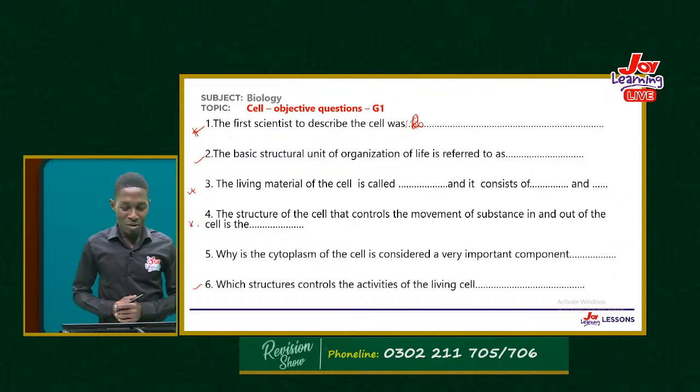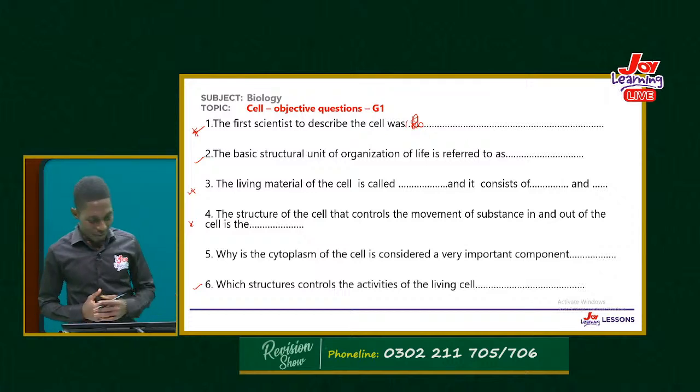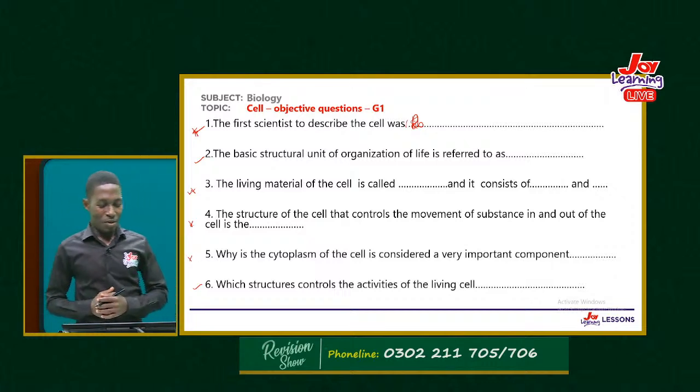Then why is the cytoplasm of the cell considered a very important component? Because it plays many roles. I think it contains some structures which help in the managing or protection of the cell. Okay. Then I think the last question was answered.